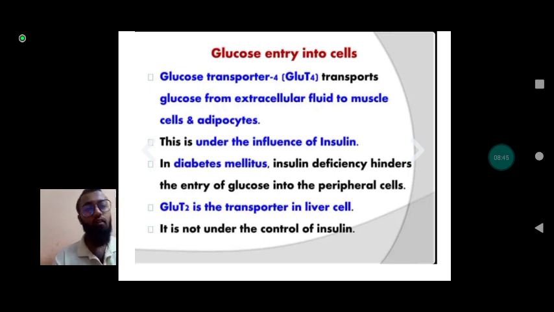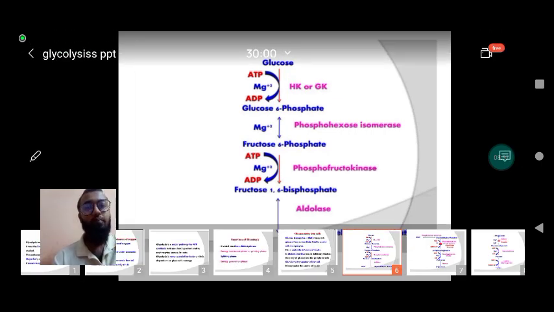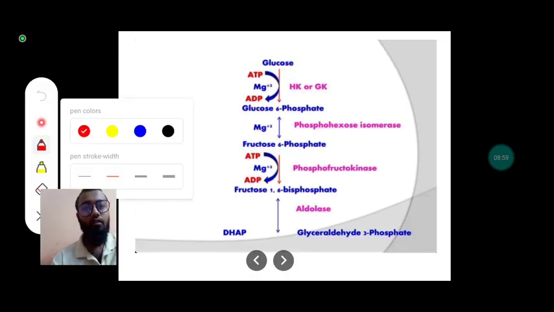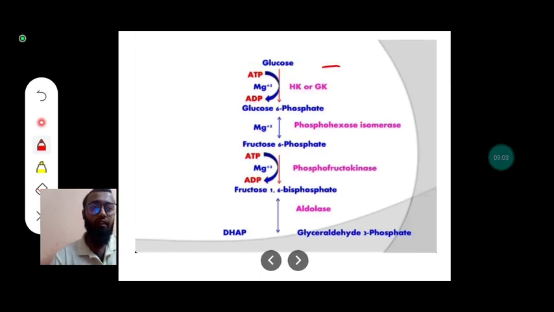Understand? Next we see the main part of our interest, which is the pathway. And students, we see how this pathway works. First there is the entry of glucose into the cell.